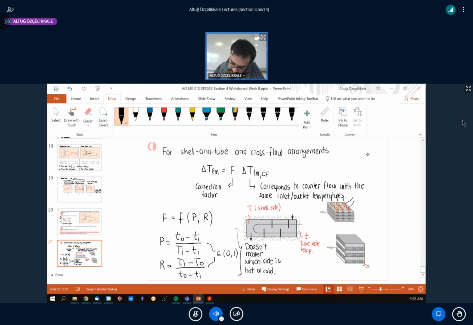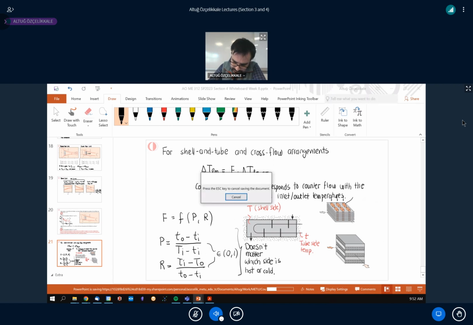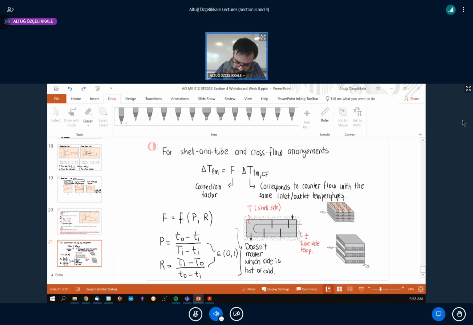For instance, when there's tube flow, let me use red again. The tube side is unmixed, and then this external flow side is mixed and indicated with the capital T. But what happens when you have both fluids unmixed?